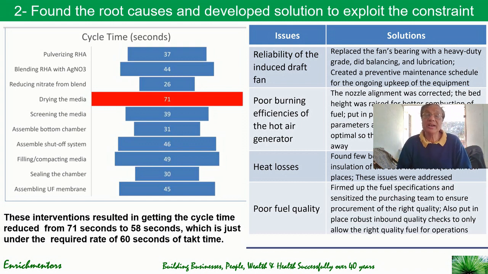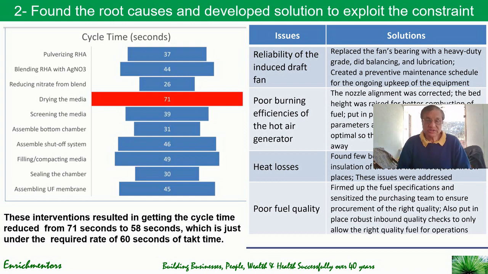So the team identified here 4 issues that were causing this cycle time to be as high as 71 seconds, and these were the reliability of the draft fan, poor burning efficiency of the hot air generator, heat losses, and poor fuel efficiencies. And related to each one of them, there were solutions that were found and discovered, right?